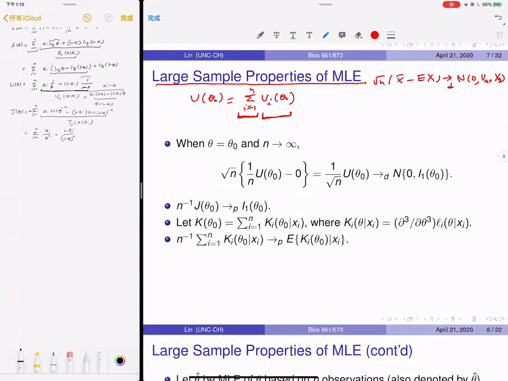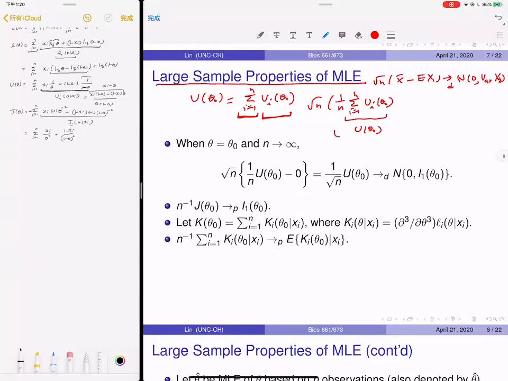That means I can also write the central limit theorem version for U_i(theta) by writing 1 over n times U(theta), or maybe I can write a summation, i from 1 to n, of U_i(theta 0). This is nothing but U(theta), right? I purposely write it so that I'm creating X bars.